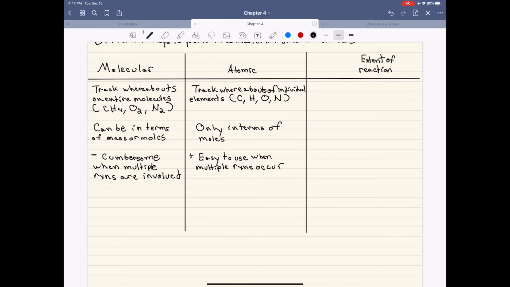Okay? And that's because rather than focusing on the whereabouts of molecules, which will change during a reaction, if you use an atomic material balance, the atoms are always conserved, right? So it's easier to keep track of them.